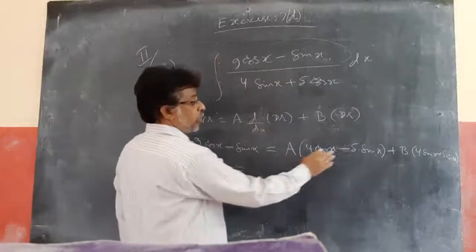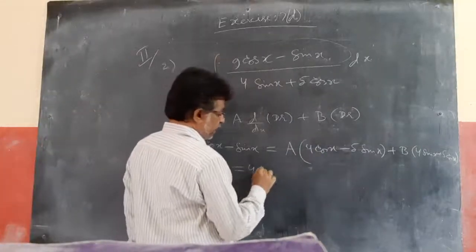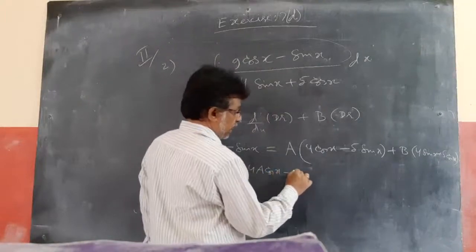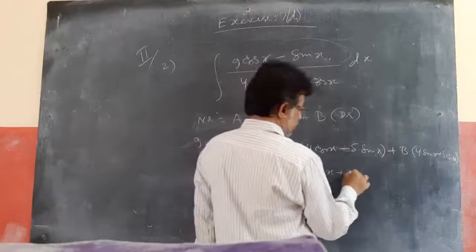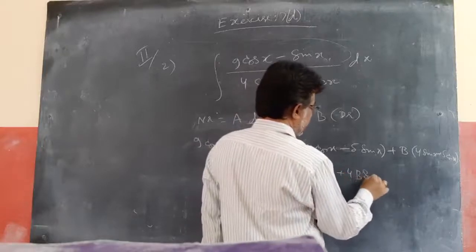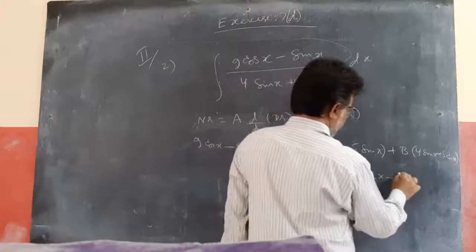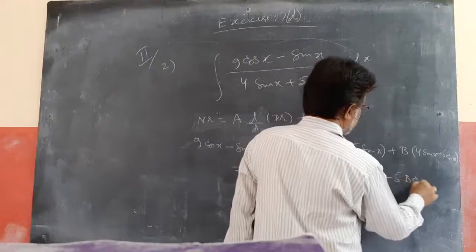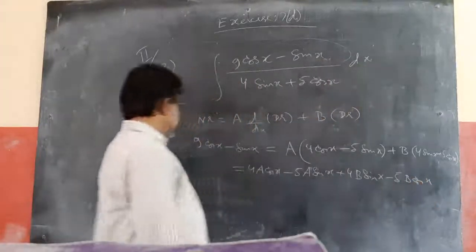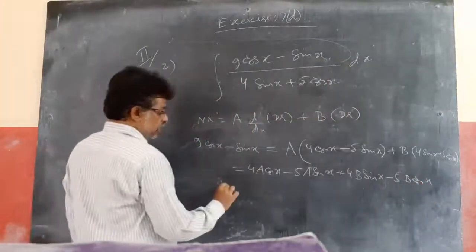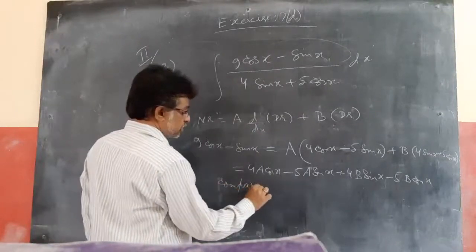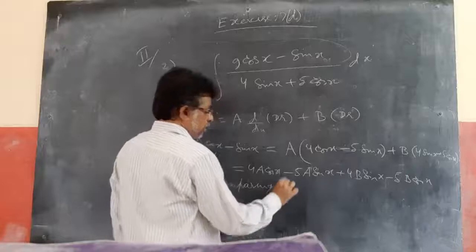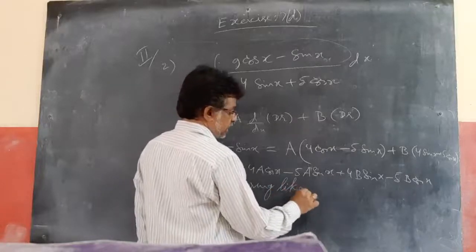If I open the brackets, I get 4a cos x minus 5a sin x plus 4b sin x plus 5b cos x. So comparing like terms on both sides, I will get a and b.